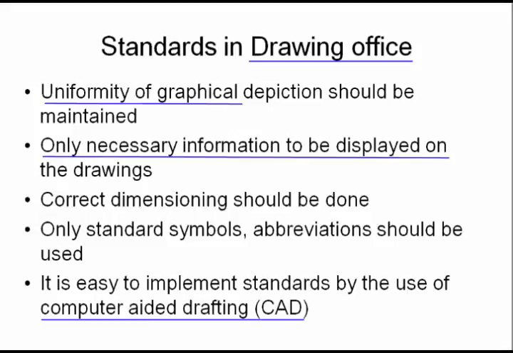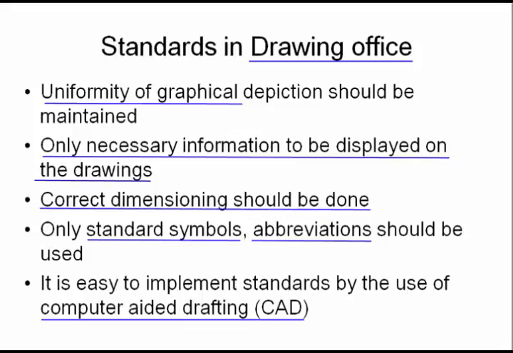You don't clutter the drawing with information that should appear in other documentation. Correct dimensioning should be done so it's easy to understand, and the use of standardized symbols and standardized abbreviations should be used, which are agreed between manufacturers and users.